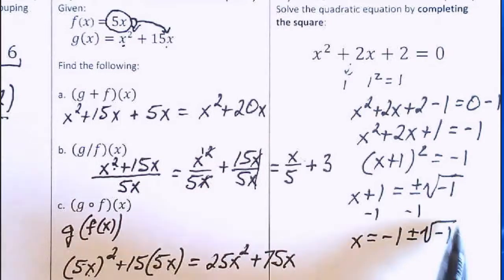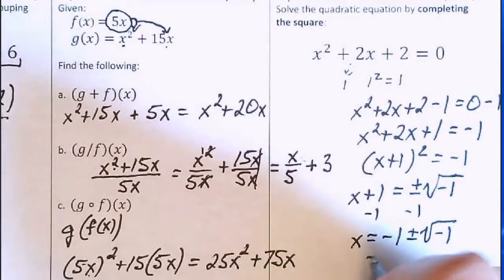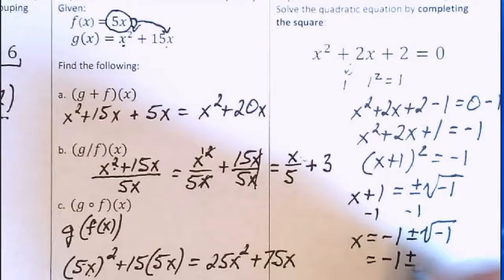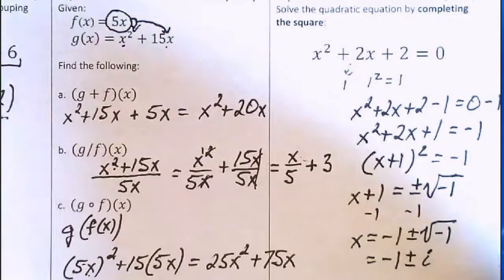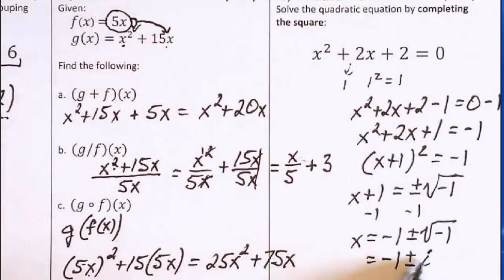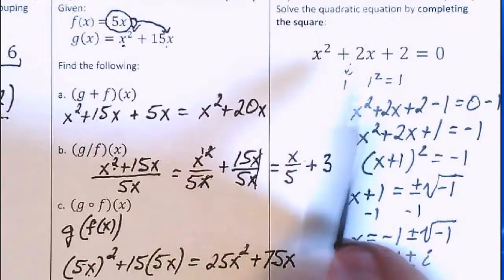This square root of negative 1 part of the problem can be rewritten using the symbol i for the imaginary unit. And so here are 2 answers. These are imaginary numbers, not real numbers, for that original equation.